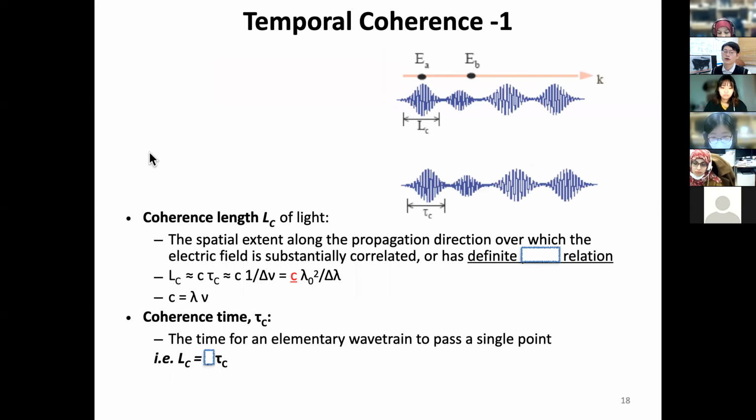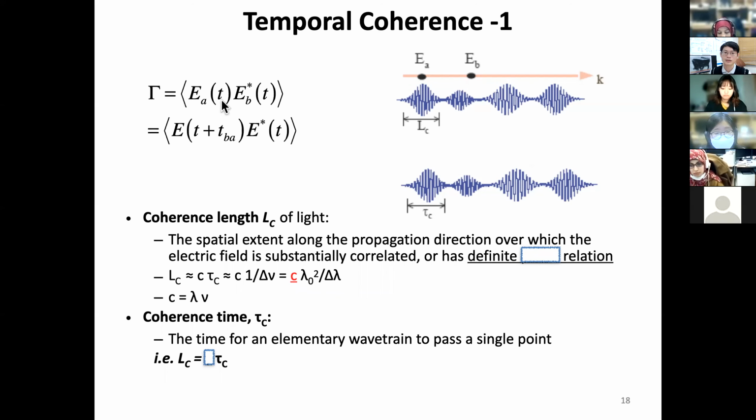Okay, so temporal coherence is such an important concept that I want to give you this mathematical description. So let's think about this k spatial axis where an electromagnetic wave is propagating. You think about point A and point B electric field, okay? So we are curious about the correlation of this field at A and B at the same time, but A and B are part of a propagating wave.